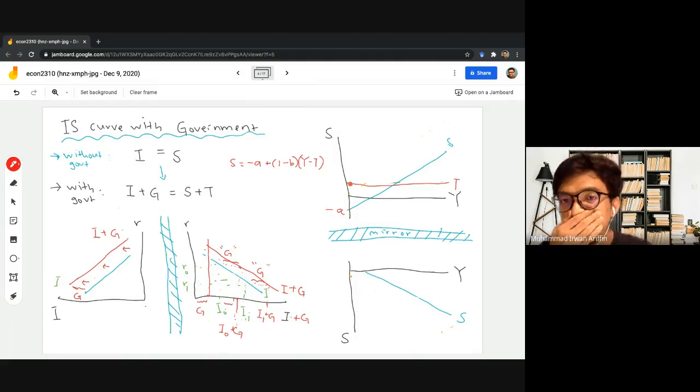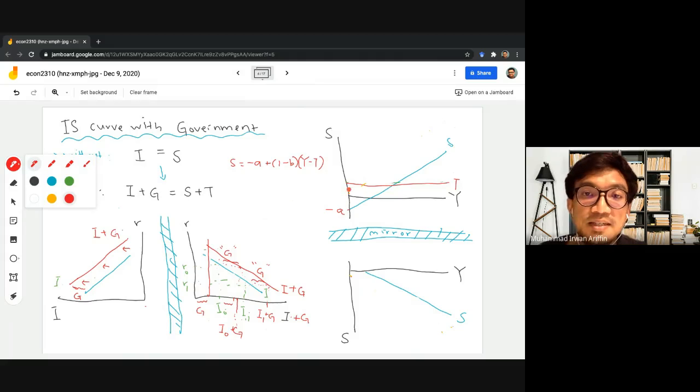Similarly, tax is independent. We assume that the government simply collects a lump sum tax, independent of income level. This is the amount of tax being collected.